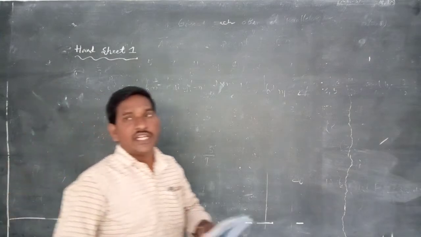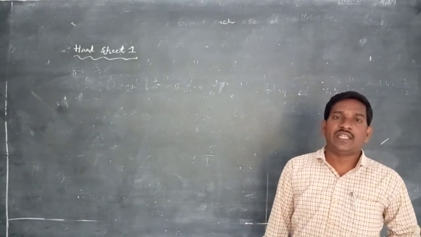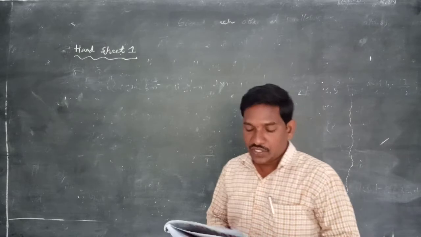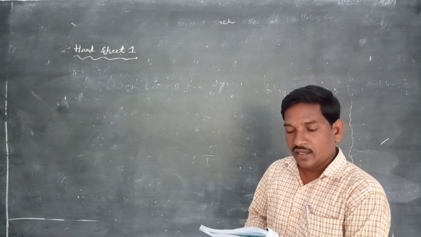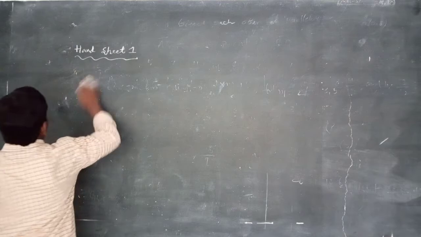Okay, we have already learned and discussed comparison by cross multiplication. So some sums are given for the cross multiplication. So see once again.